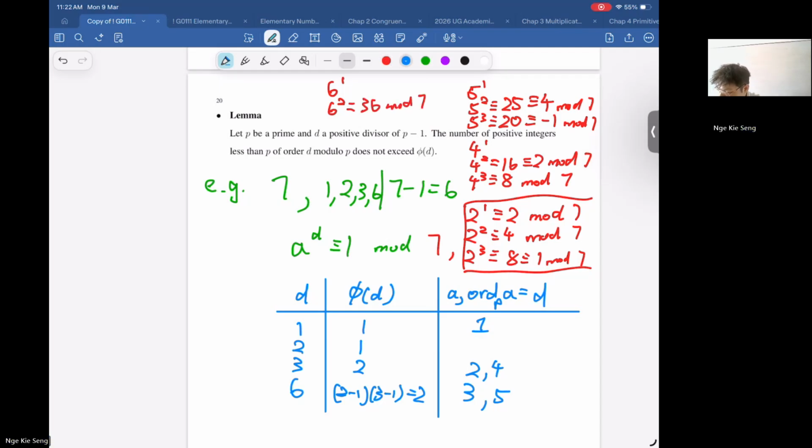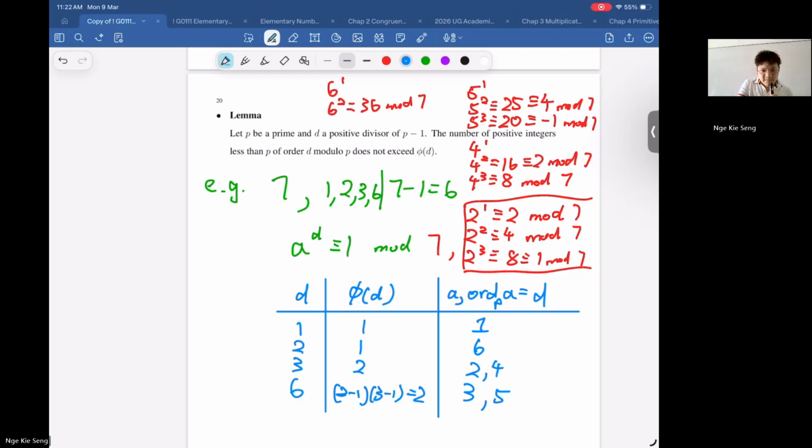So can you see this? The number of positive integers less than p of order d does not exceed phi of d: 1, 1, 2, 2 of them. You cannot have more than phi of d numbers that have order d. Does it make sense?